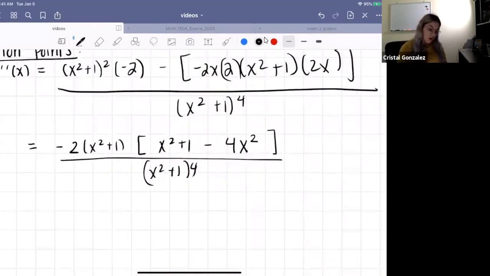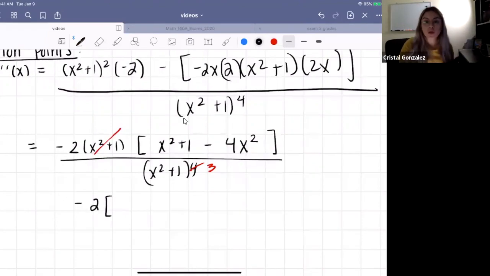And so now this goes away with this one, and we're left with -2 times, and then here we factored out a -2.